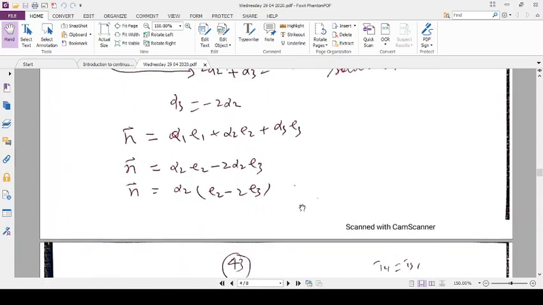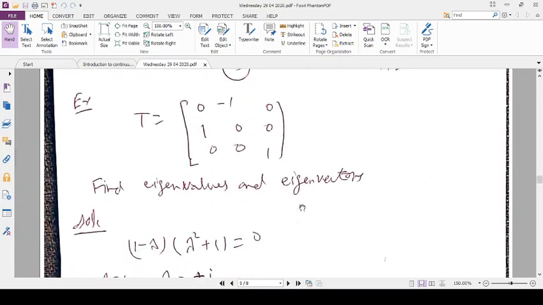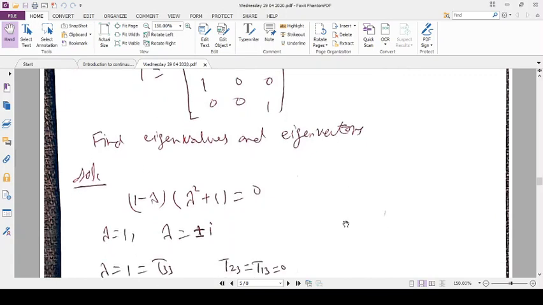So for a real symmetric tensor, we have all the eigenvalues real. This is the counter example: if you have a tensor which is not symmetric, then it may have eigenvalues which are complex conjugates of each other.